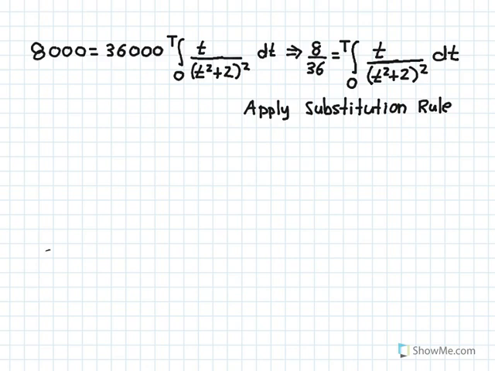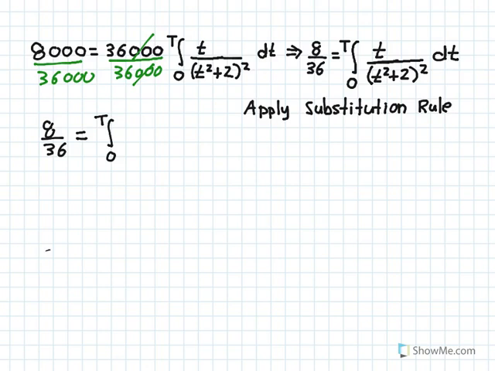So let's simplify this. Divide by 36,000. So we get 8 over 36 is equal to the integral from 0 to t of t divided by t squared plus 2 all squared dt.